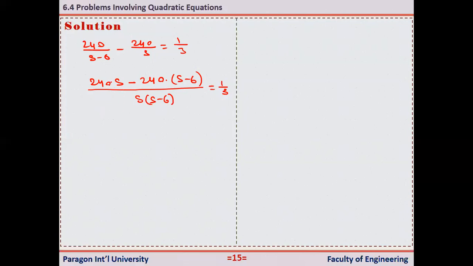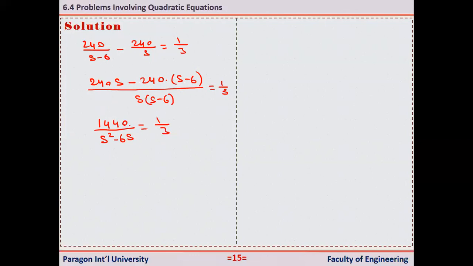If you simplify this, 240s minus 240s is equal to 0, and 6 times 240 is 1440. So here we have 1440 over s squared minus 6s on the left, and 1 over 3 on the right.